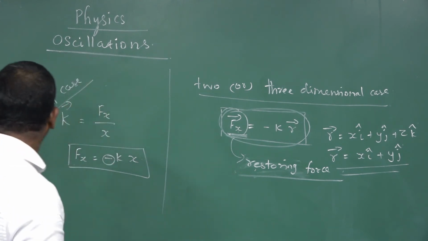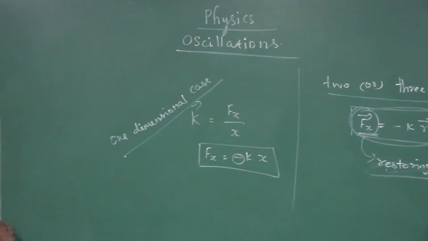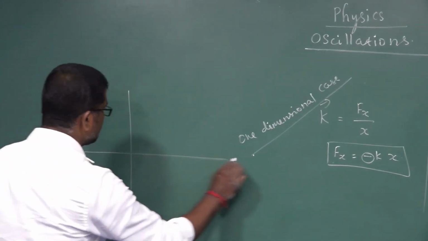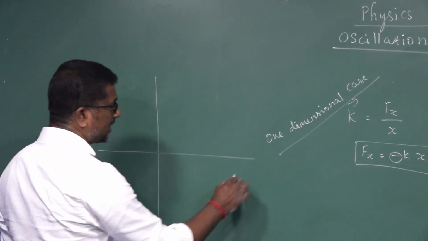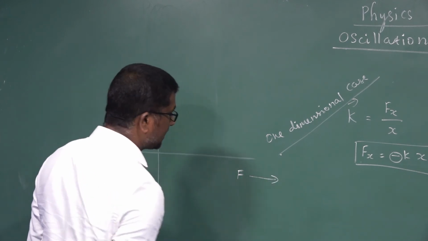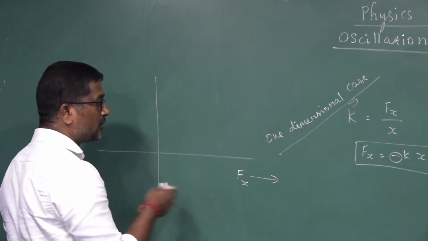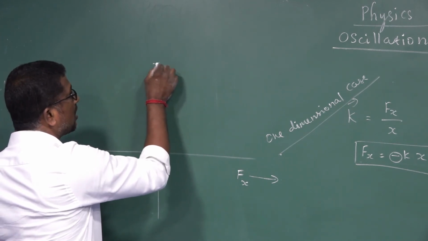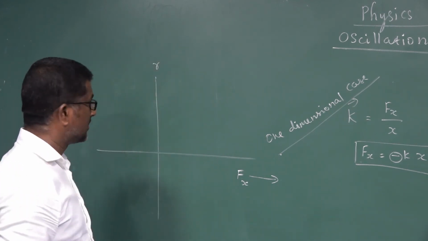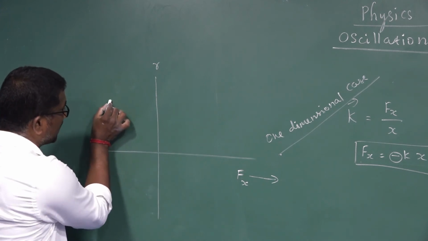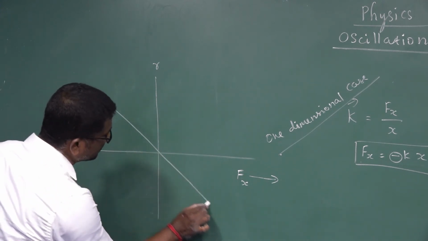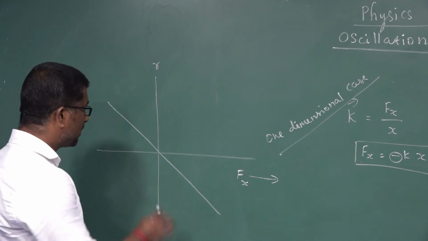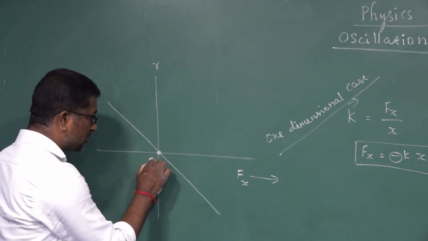Suppose we draw a graph by taking the restoring force along the x-axis and the corresponding displacement r along the y-axis. The nature of the graph is a straight line which is passing through the origin.